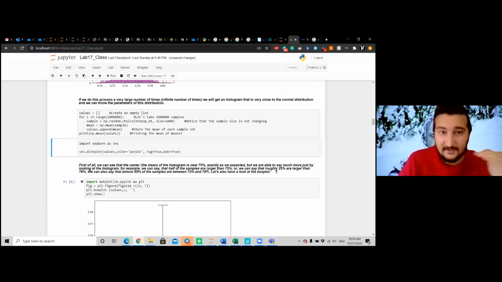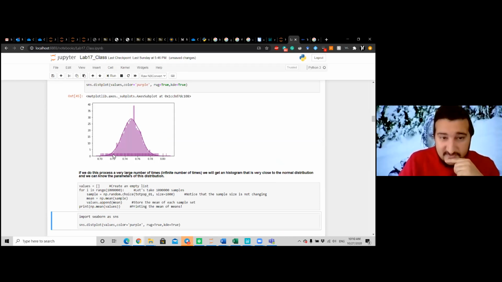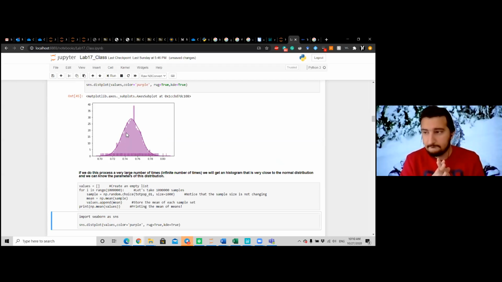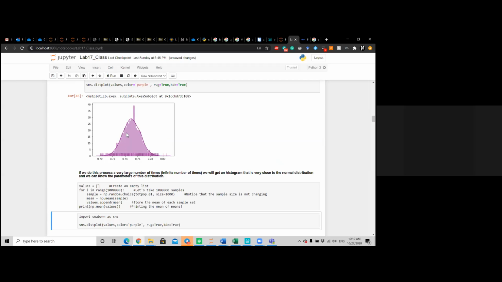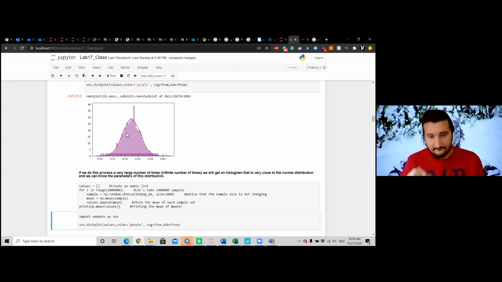What are we talking about? Look at 72% and 78%. This area in between 0.72 and 0.78 contains 95% of our samples. Does that make sense? Yes, and thank you, Braden. 2 standard deviations. Very good.